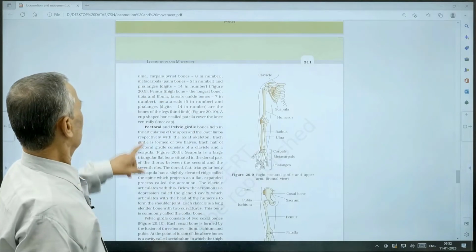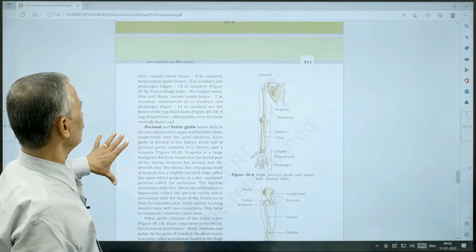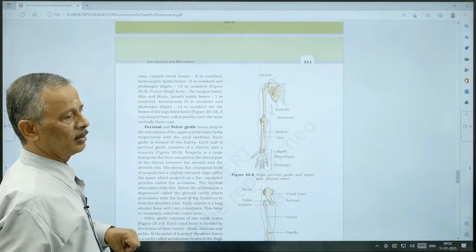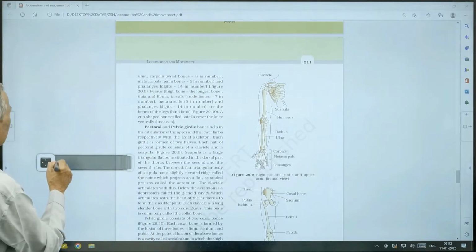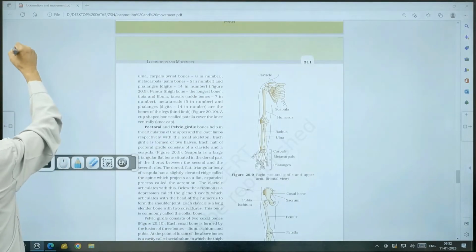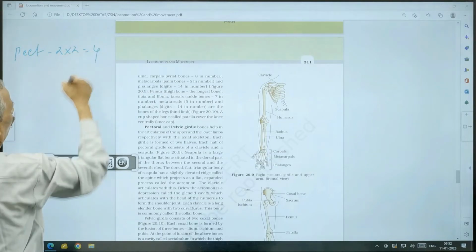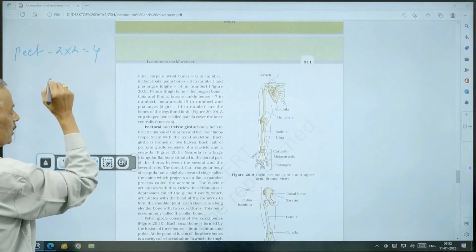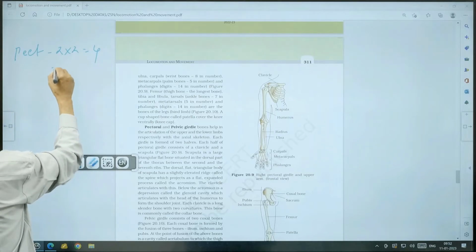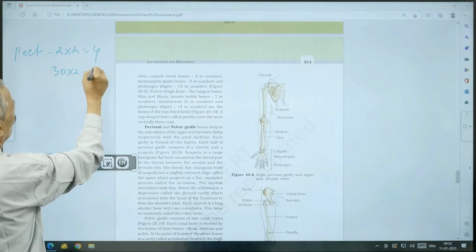Okay. Let us see how these girdles and limbs are arranged. In the pectoral girdle, you have 2 bones on either side, so 4. In each of the limbs, that is the arm or forelimb, you have 30, so 30 into 2, 60.